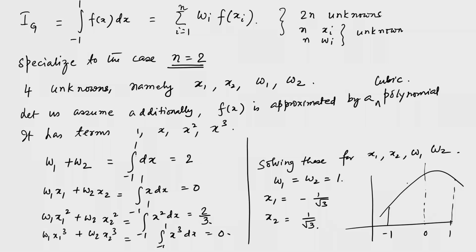So, 1 divided by 1.73 is somewhere here, and somewhere here. So, let me write it with a different color maybe. So, these are minus 1 over root 3 and plus 1 over root 3. Okay. And if you do this, then of course, the formula becomes equal to.